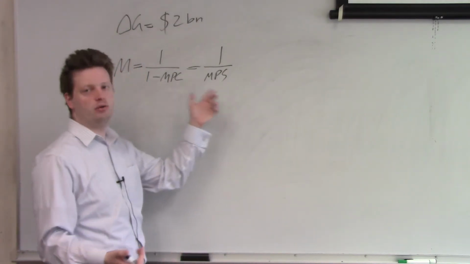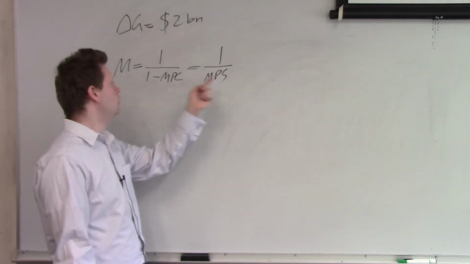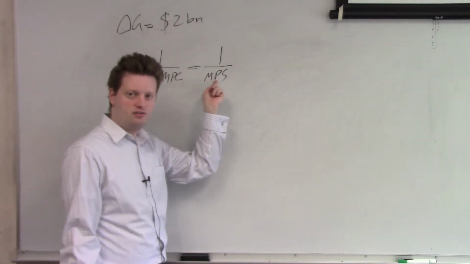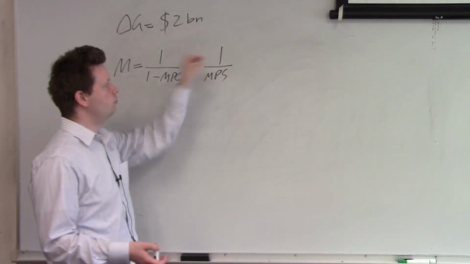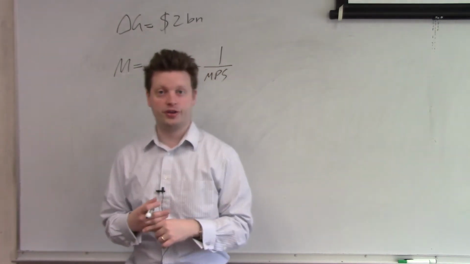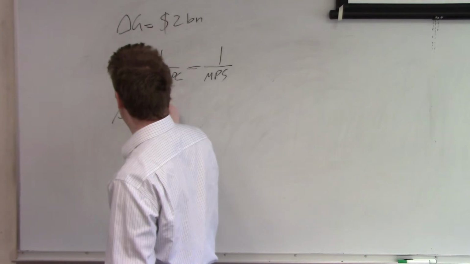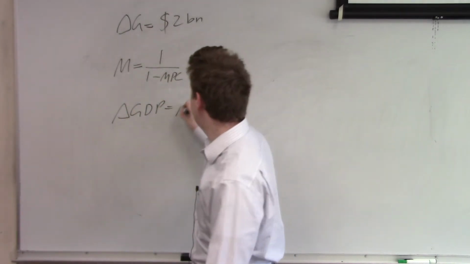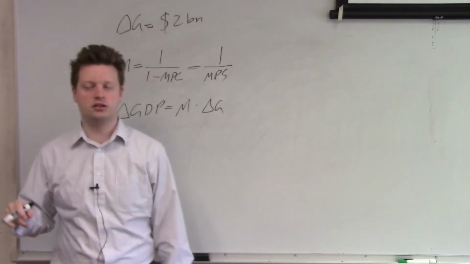So we have the equation that the marginal propensity to consume plus the marginal propensity to save, that's the only two options I give you, must be equal to 1, and so I can rearrange this expression, which in some settings might be helpful. Okay, so we have overall change in GDP is equal to the multiplier times the change in government spending.